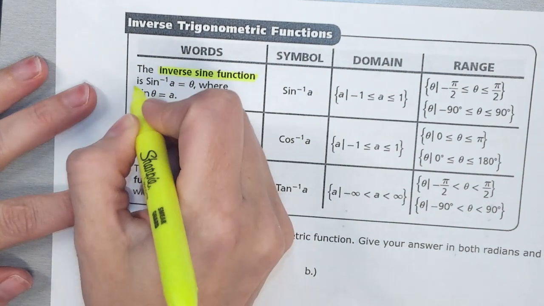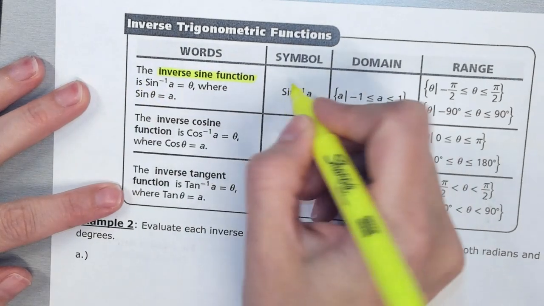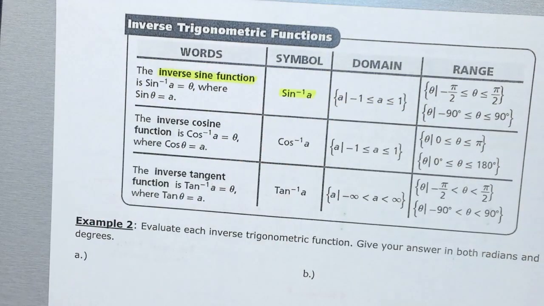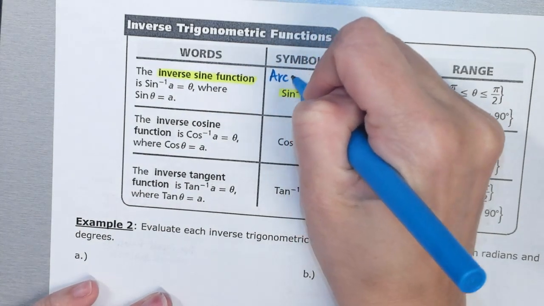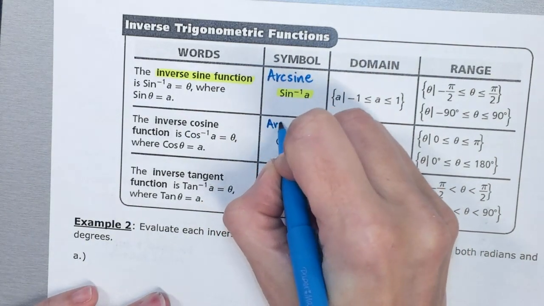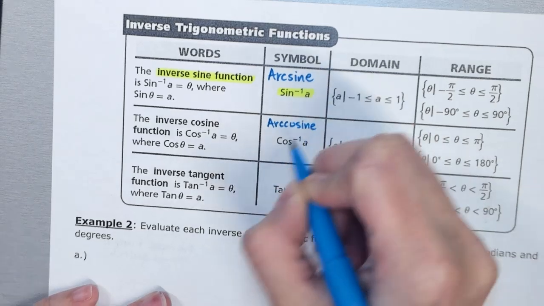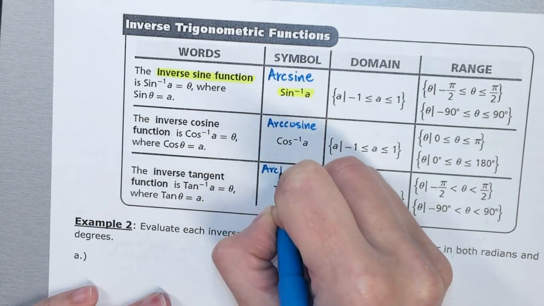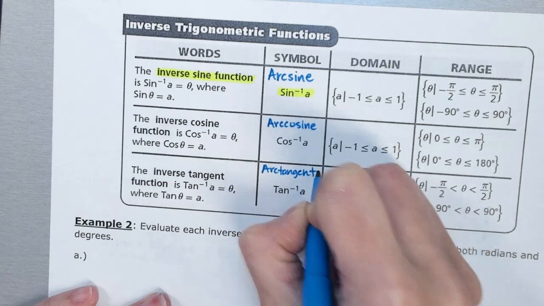So the inverse sine function, where you have that capital letter of sine, is either shown with that -1, or you can also have an arc sine, is what it's called. The same thing happens with cosine. This is arc cosine. And then arc tangent. That's another name for it.